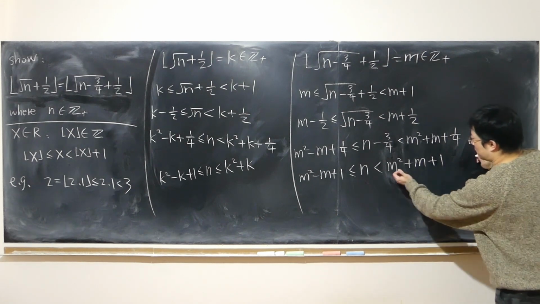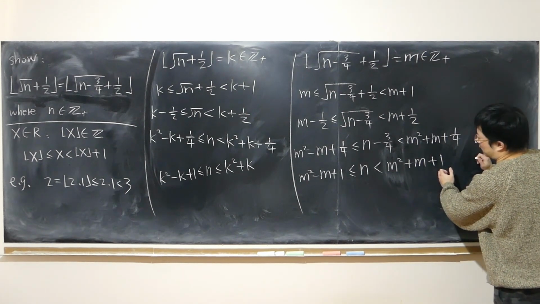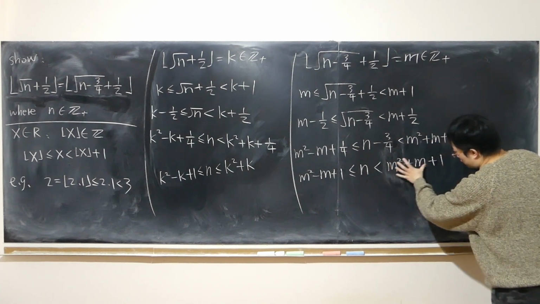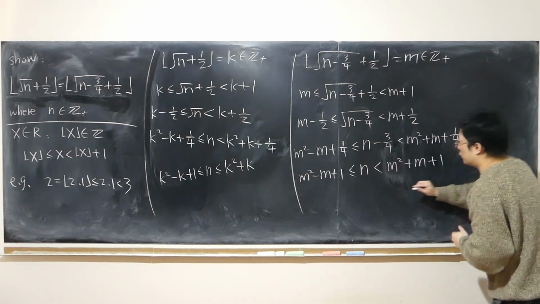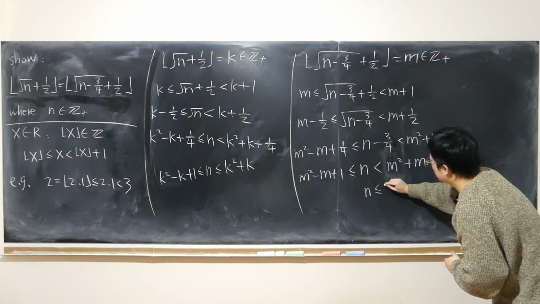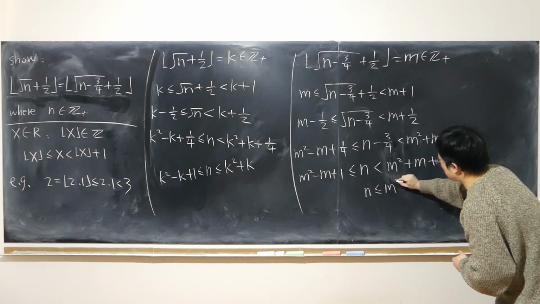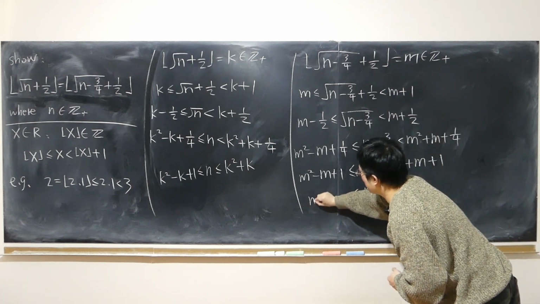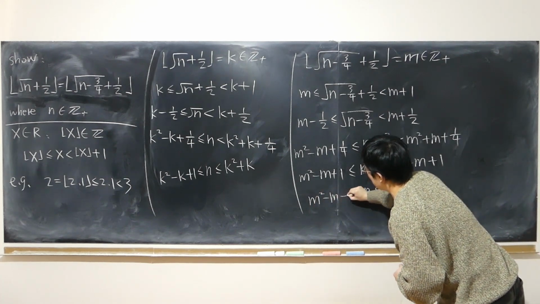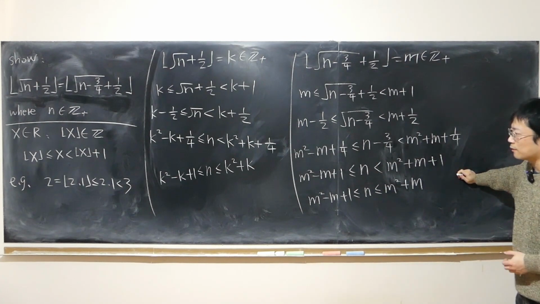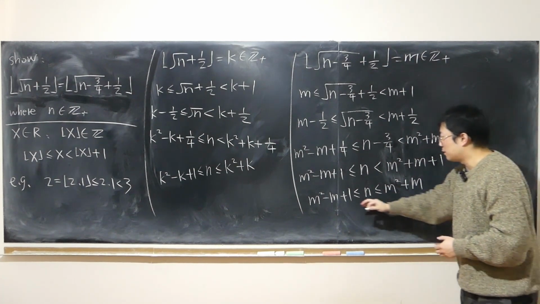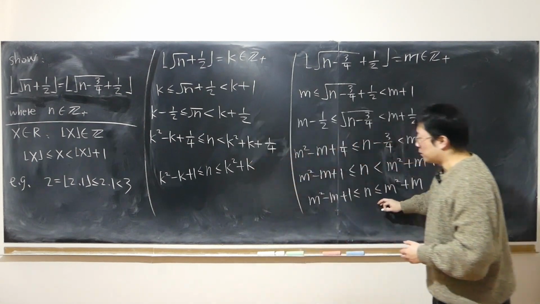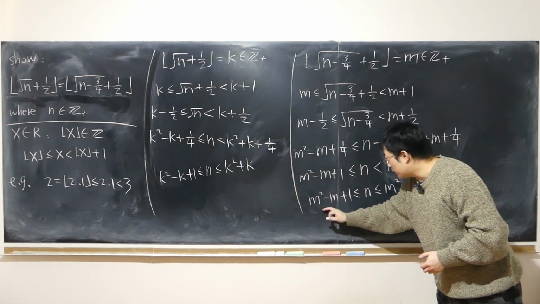Like I said, this time m is a positive integer, and so is n. But n cannot equal that, but could equal this minus 1, that's m squared plus m, and is bigger than or equal to m squared minus m plus 1. Looks like the same format.